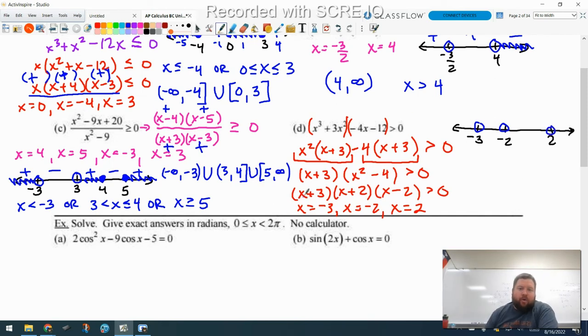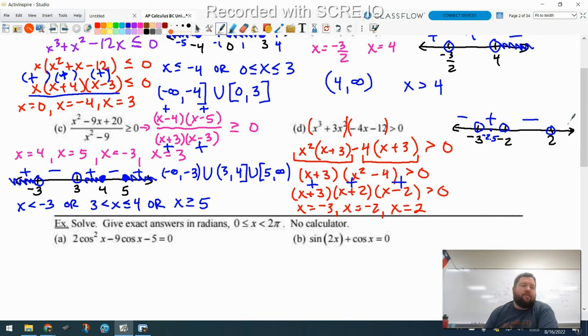Test points, negative 4 would be a negative times a negative times a negative, which is a negative. Negative 2.5, gotta be careful here, as people mess it up on the negative side a lot. So negative 2.5 would be in between those, which would be a positive, and then a negative and a negative, which is a positive. We'll go with 0 here, a positive and a negative, which is a negative, and then 3.